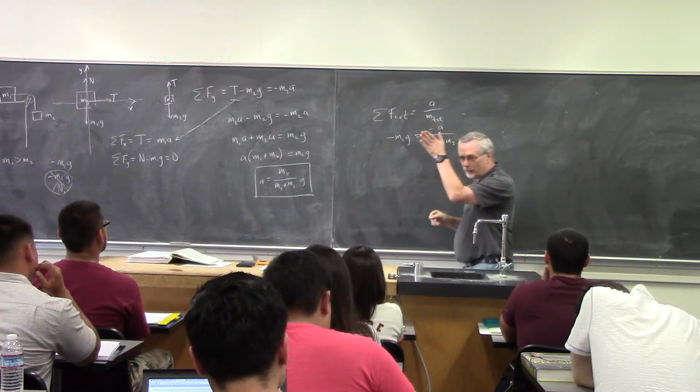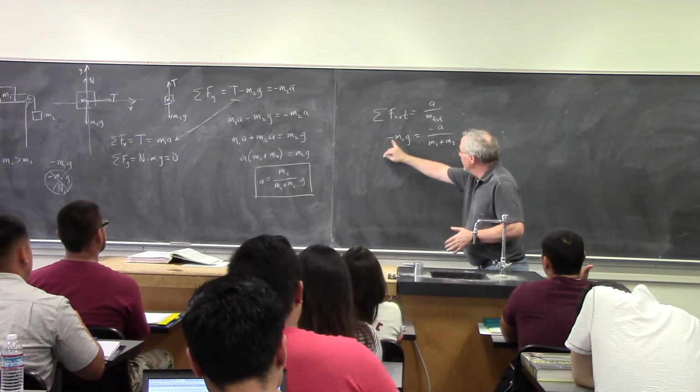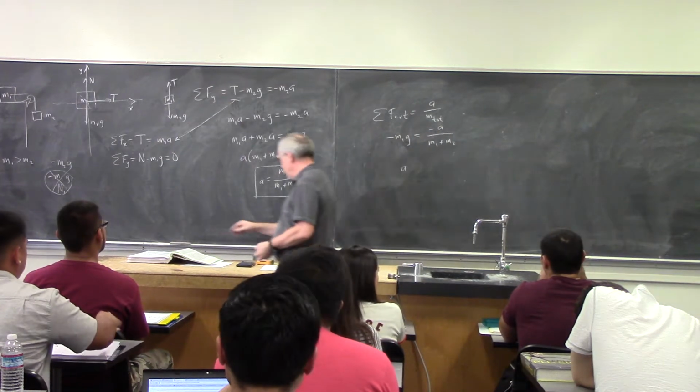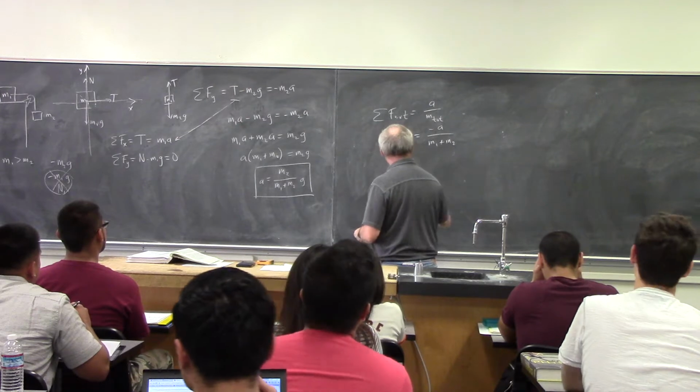The negative because I know that it accelerates down from the picture. So the negatives go away, and, excuse me, I did that entirely upside down. That's supposed to be an M2.